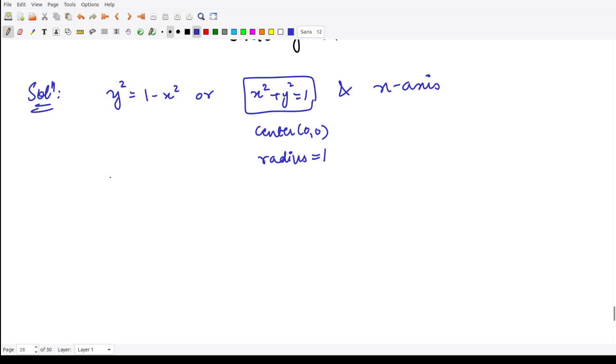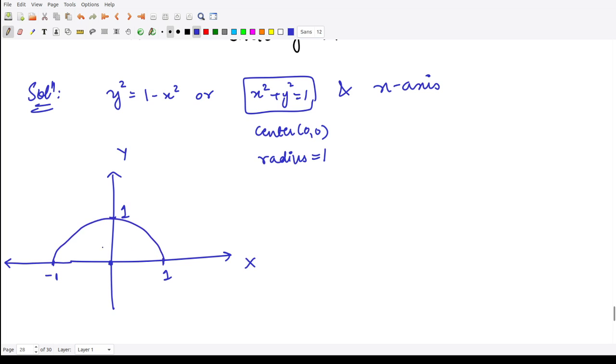So we have our xy plane like this, right? And on this xy plane, this point is the origin. Suppose this is the point 1, so this is the corresponding point minus 1. So our semicircle would pass through all these points. So we will have a circle of this kind, right? This is the semicircle bounded by the x-axis and this circle.